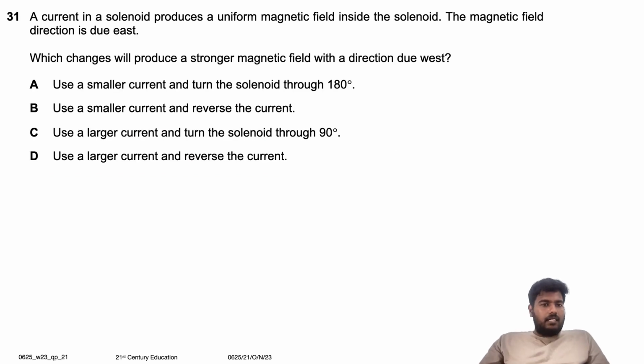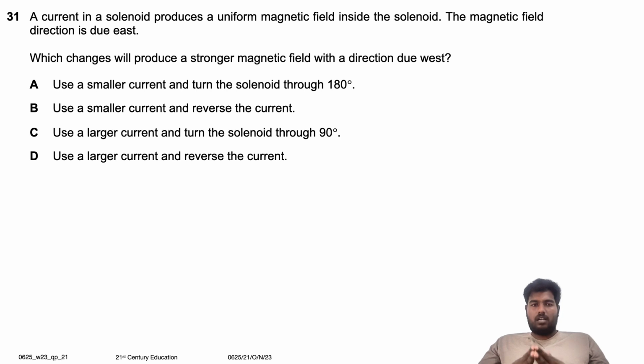A current in a solenoid produces a uniform magnetic field inside the solenoid. The magnetic field direction is due east. Which change will produce a stronger magnetic field with direction due west? Okay, the initial magnetic field is east. The magnetic field is directly proportional to current.